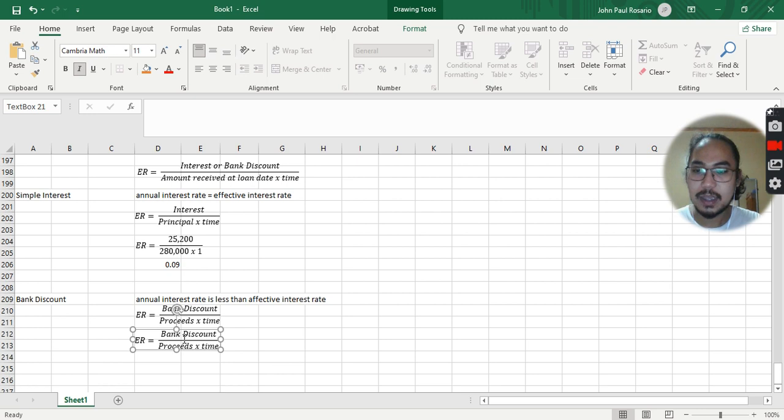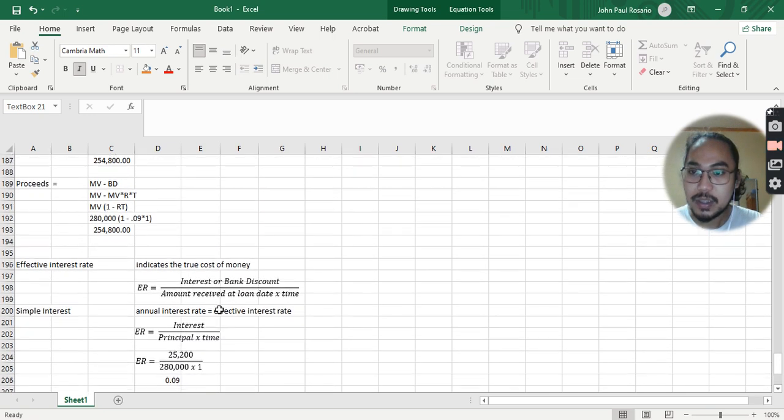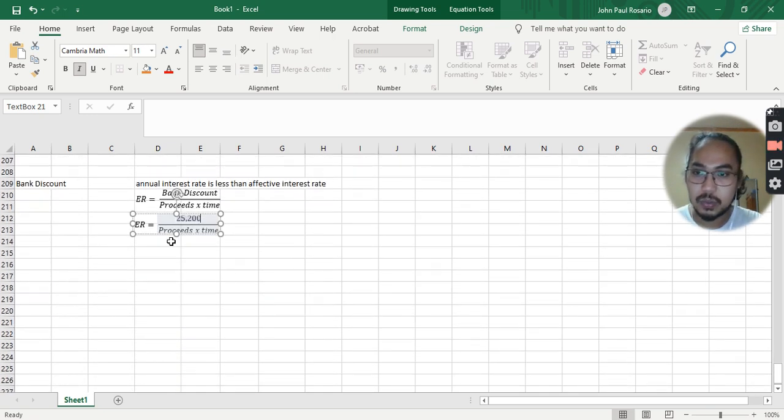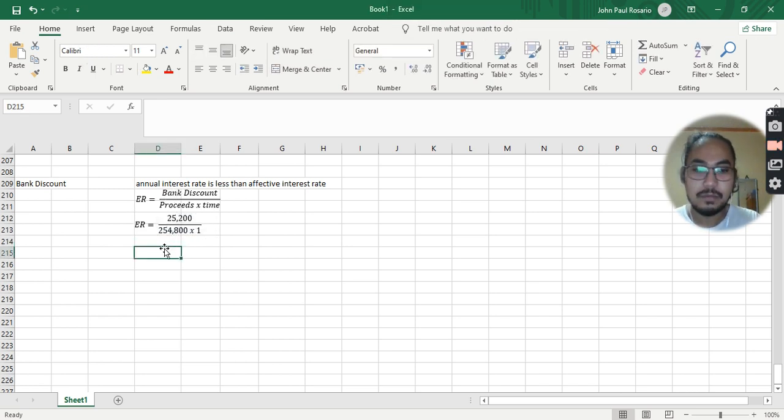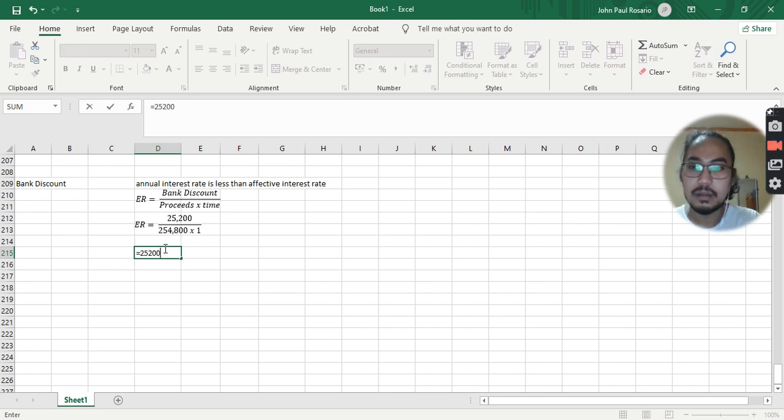Okay. So the actual interest rate you pay for bank discount is this one. Our bank discount is the same 25,200. However, our proceeds is 254,800. Our time here is 1. So if we solve for this, that's 25,200 divided by 254,800 times 1.